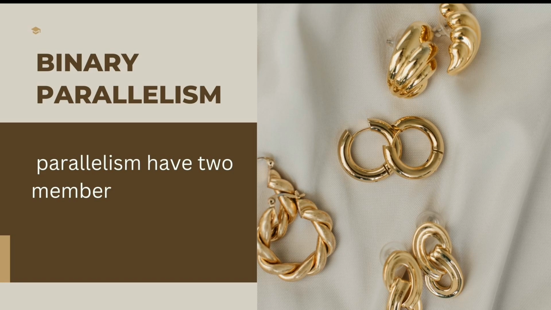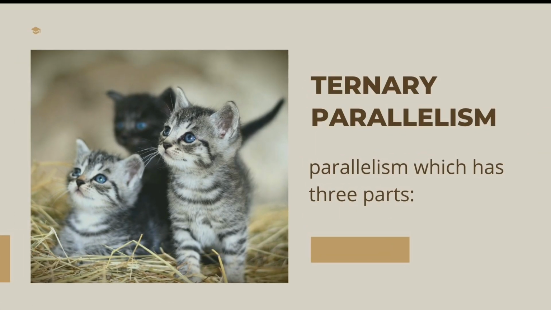And the last one is the ternary parallelism. The ternary parallelism has three parts. If we base it on the name itself, ternary means three. For example, "I should answer, I should tell you, in the bird's nests of the forest, in the lodges of the beaver."